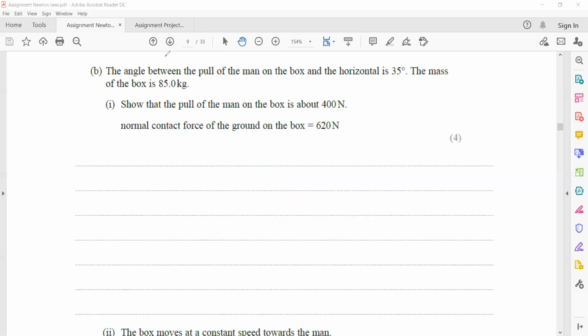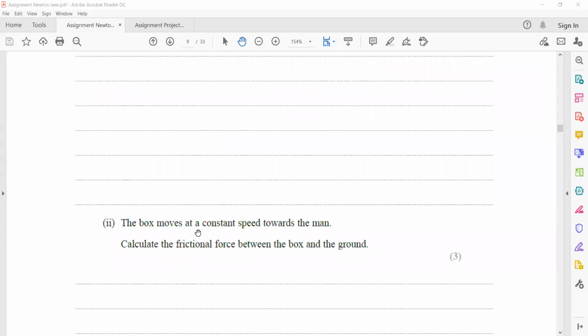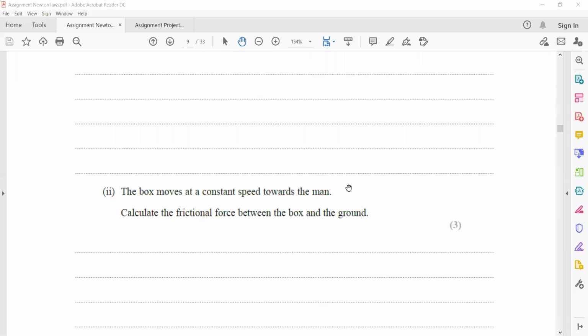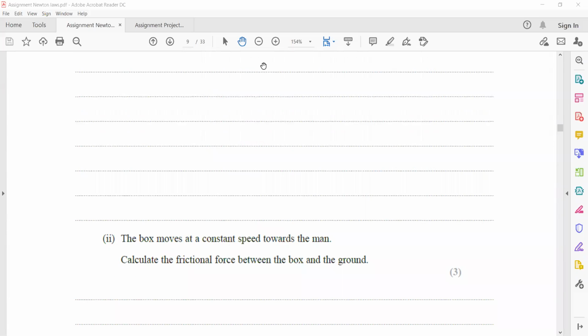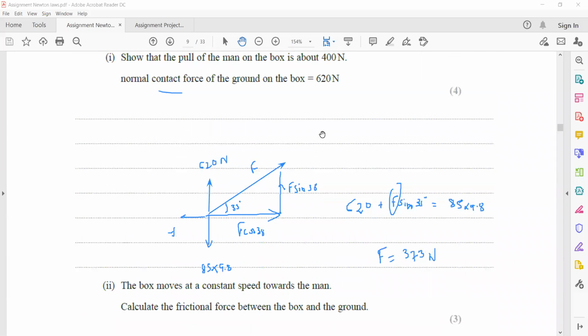Now, after getting this force, the box moves at a constant speed toward the man. Calculate the frictional force. If it's a constant speed, there is no acceleration, so the forces must be balanced.